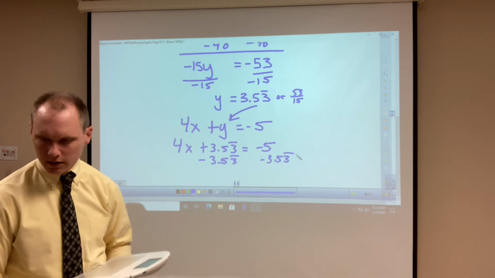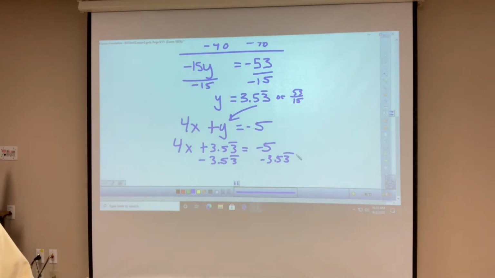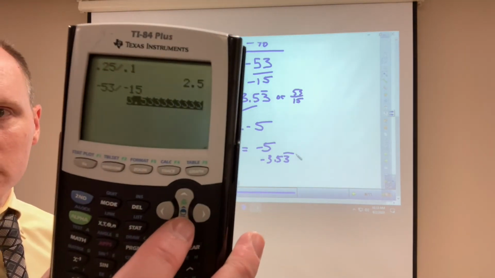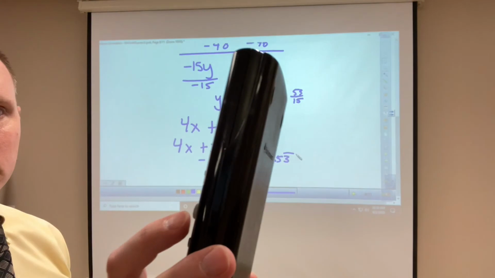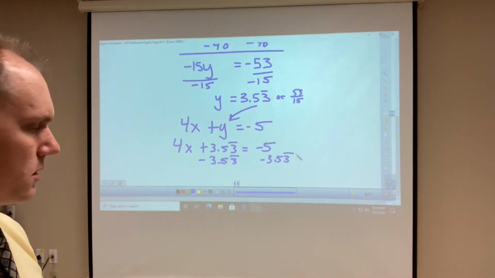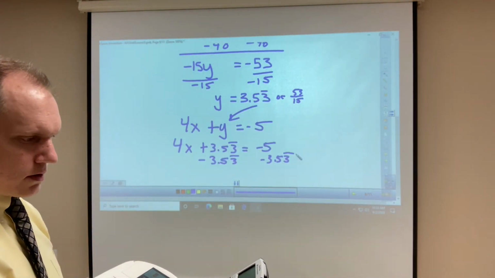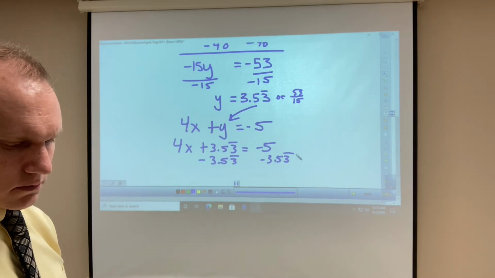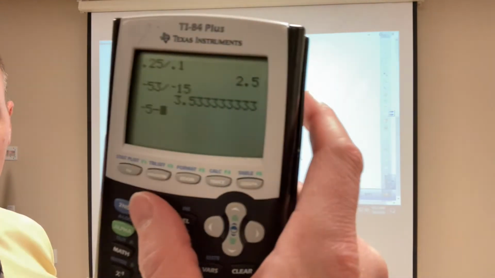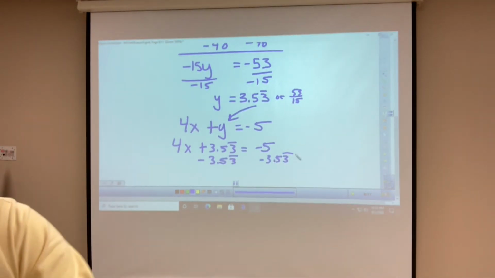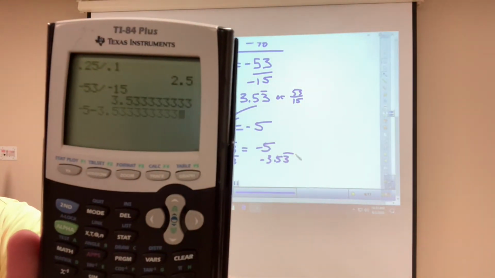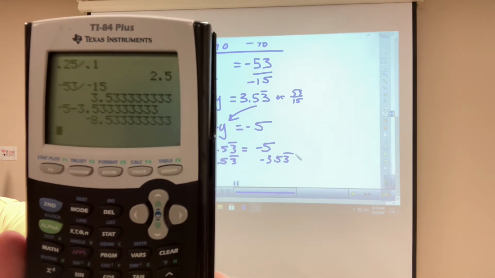So in your calculator, I've got my number here, and what I can do is do -5 minus there, and then I can cursor up to that number there and hit enter, and it'll bring it down.